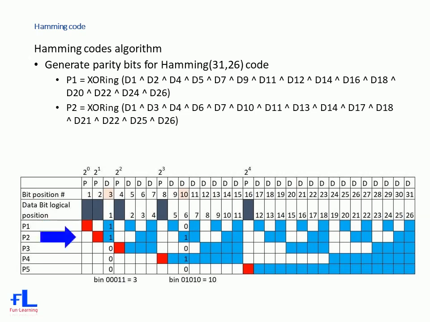Parity bit 2 is the same, XORing the data bits in the highlighted blue boxes: D1, D3, D4, D6, D7 etc., until D26. So on for the other 3 parity bits.